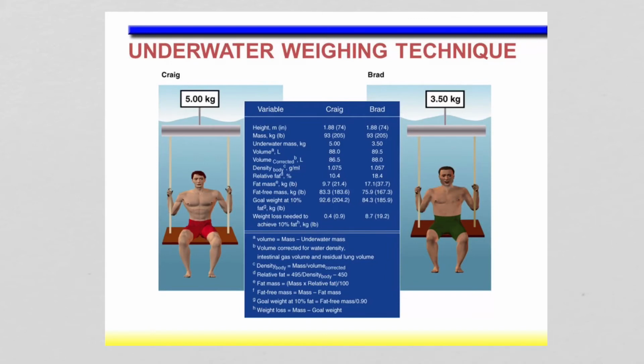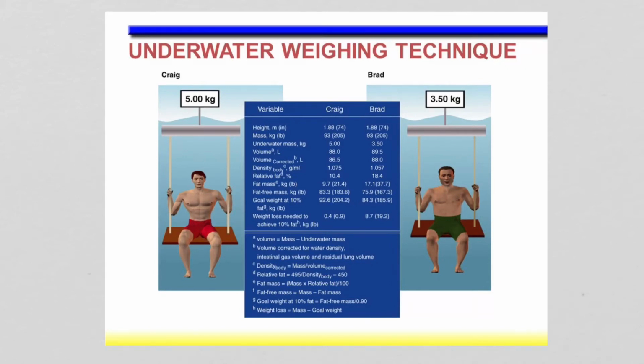And so we have two subjects in this example, Craig and Brad. We can see that they are the exact same height and weight: 1.88 meters, and their mass is 93 kilograms each. However, look what's different. Their underwater mass: Craig weighs 5 kilograms, but Brad weighs only 3.5.